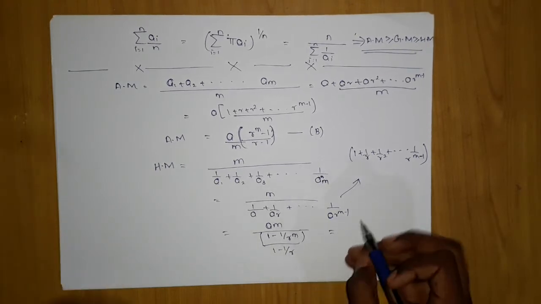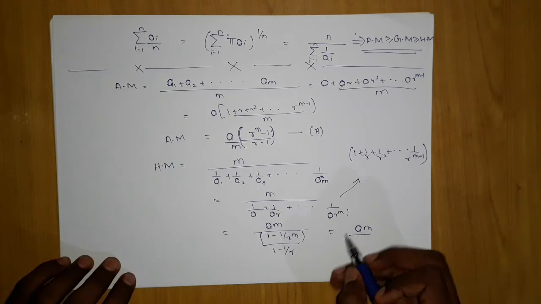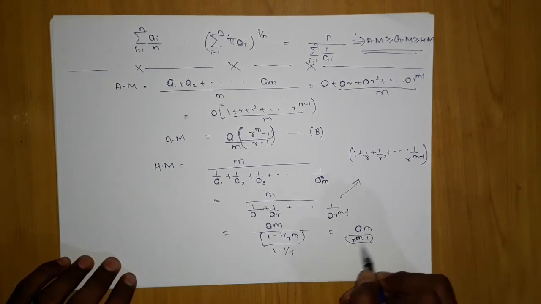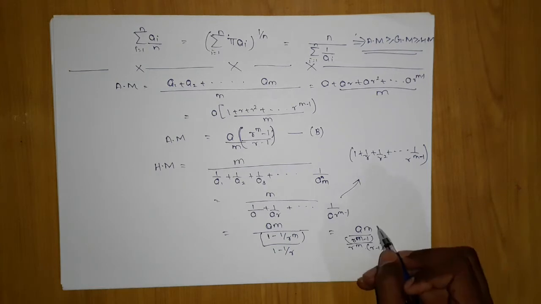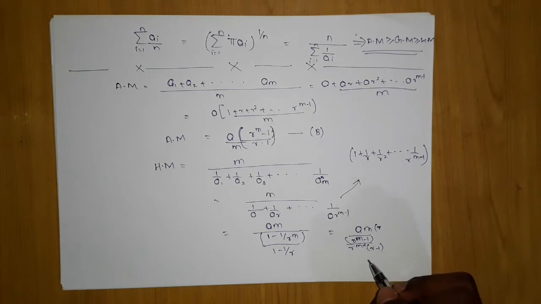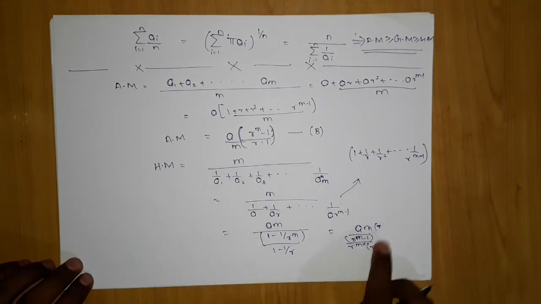So it will become a into m upon (r power m minus 1) over (r power m times (r minus 1)), and this whole thing will move up.